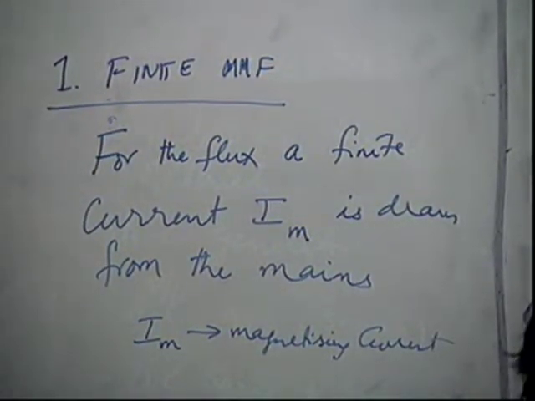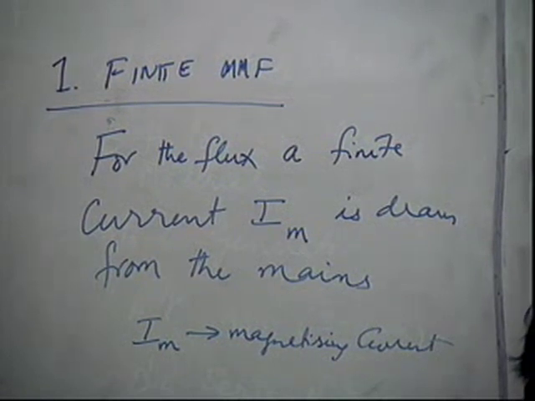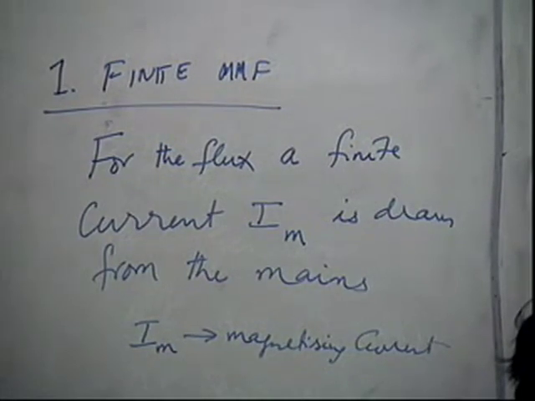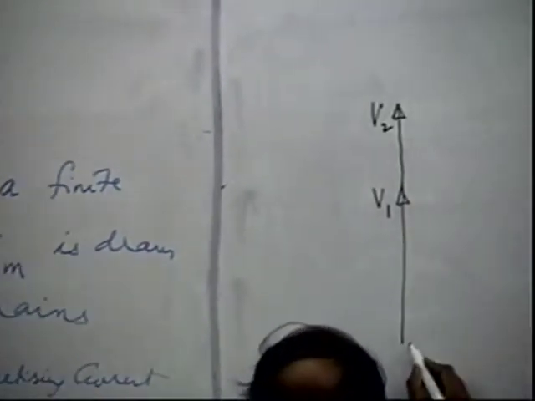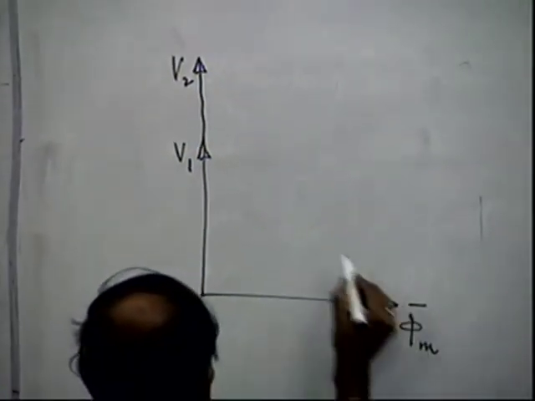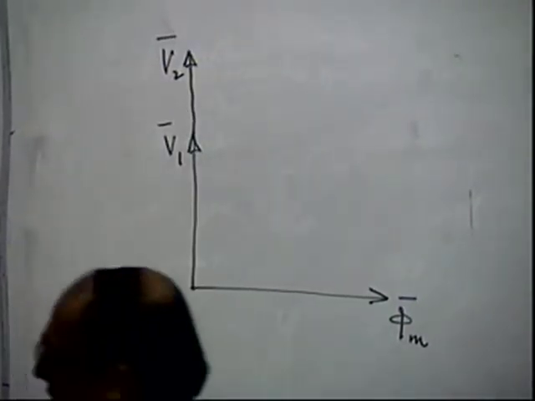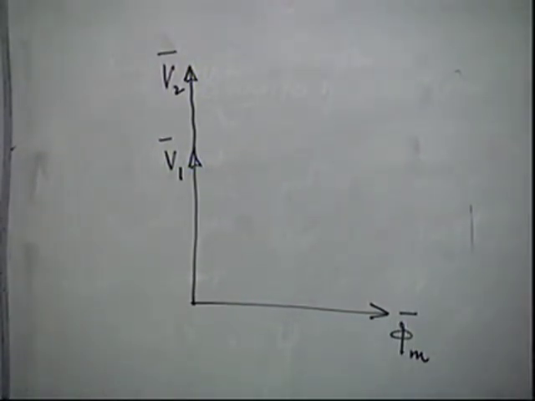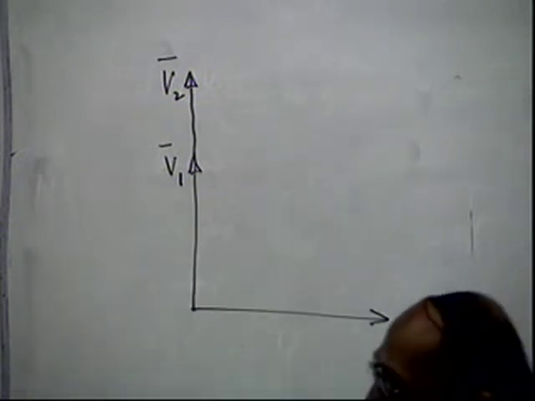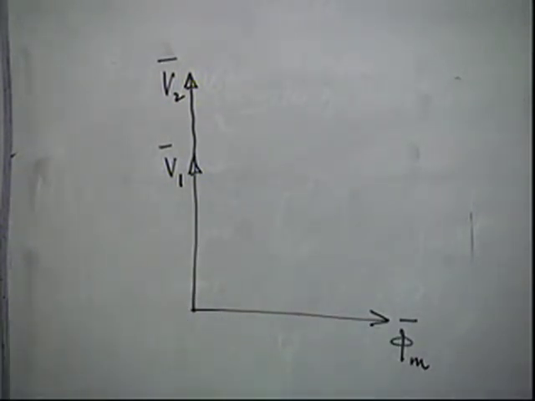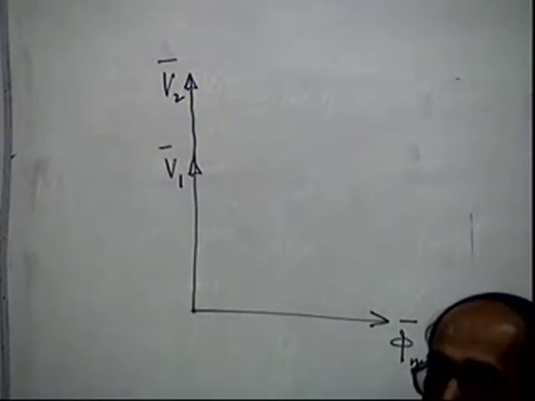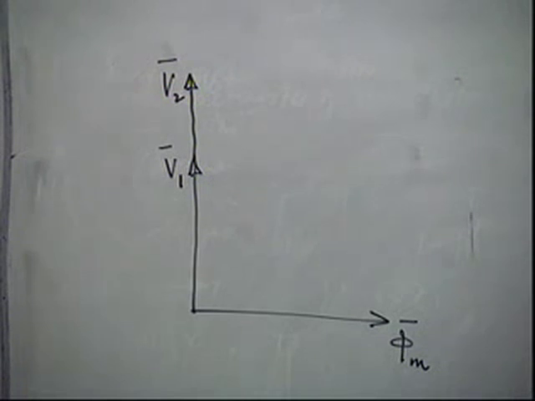In our earlier phasor diagram, let's say V1 and V2 are produced by the same flux phi m, the magnetizing flux. This is the flux vector, and these are the V1 and V2 vectors. The same flux is producing V1 in the primary and V2 in the secondary, proportional to N1 and N2.